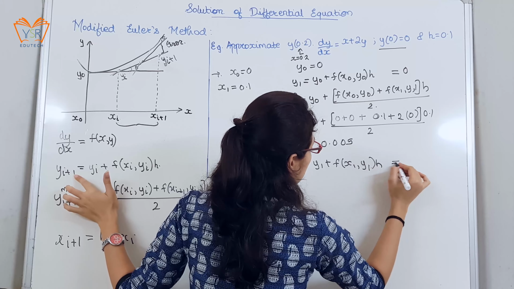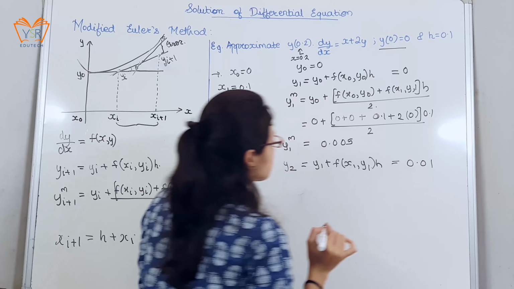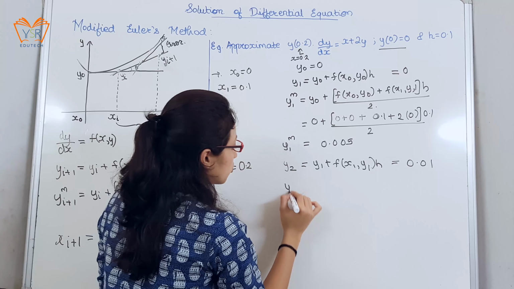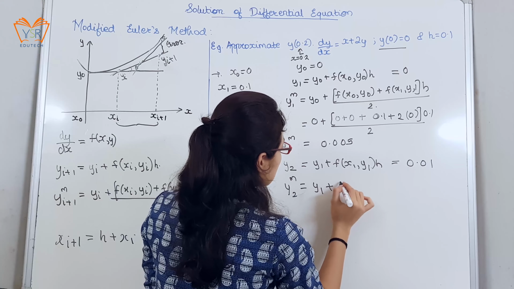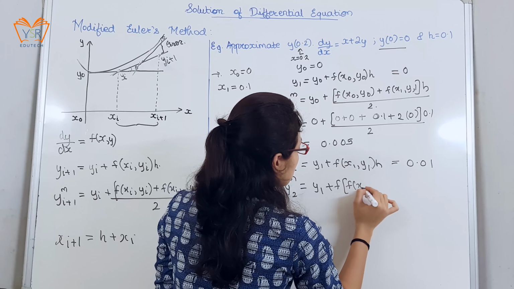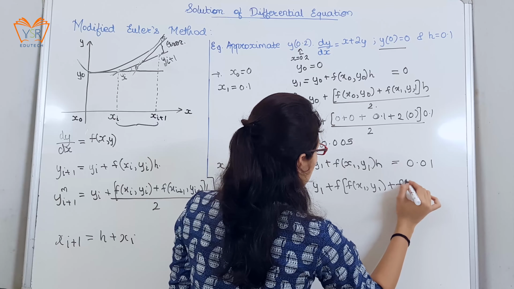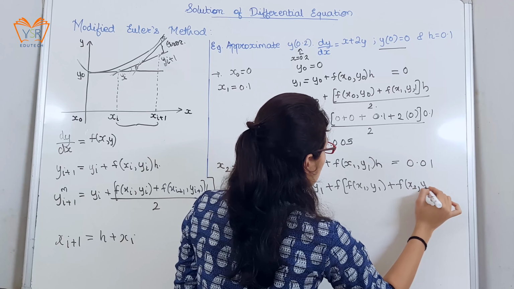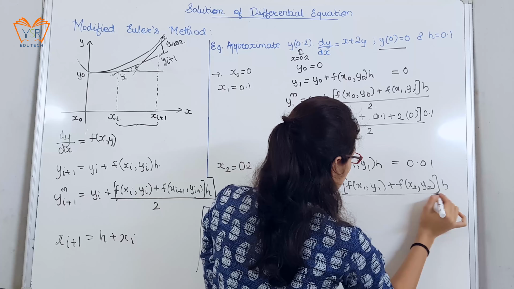If you calculate this, the value will be 0.01. Now y2 modified, the formula will be y1 plus f of x1 comma y1 plus f of x2 comma y2 into step size divided by 2.